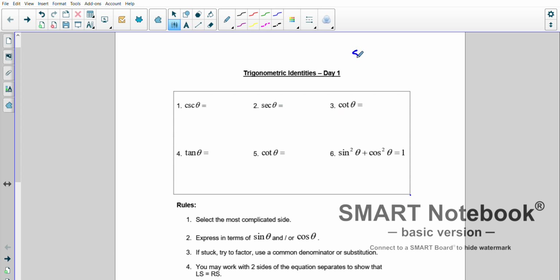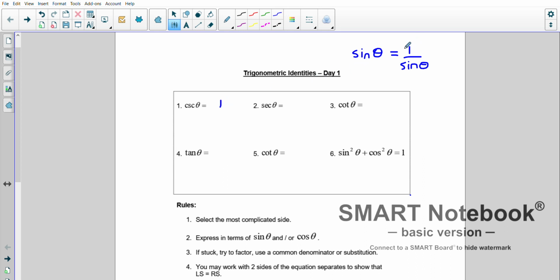So if you have sine theta, for example, the reciprocal of this, if I switch the numerator and the denominator, well, this has a special name. It's called cosecant.